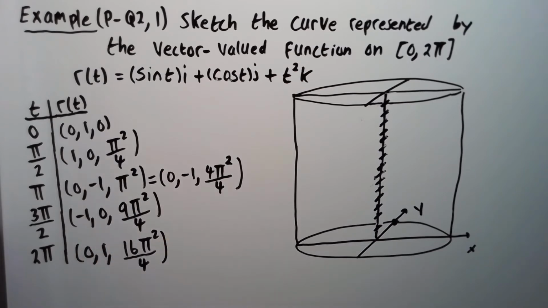So 1 on the x would put me here, 0 on the y, and then pi squared over 4. Each of the tick marks is pi squared over 4, so it's going to be at that height, that tick mark. So it'll be right here, our point.